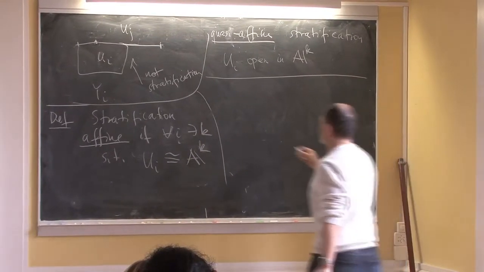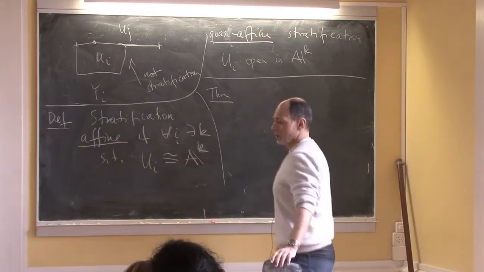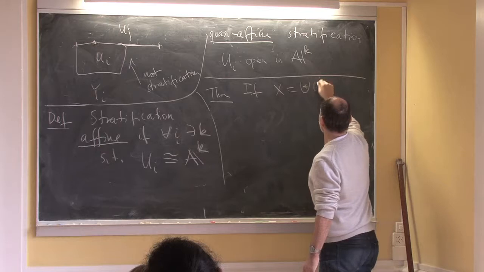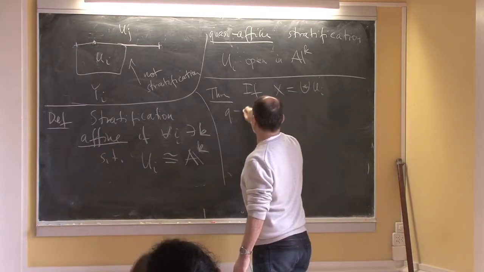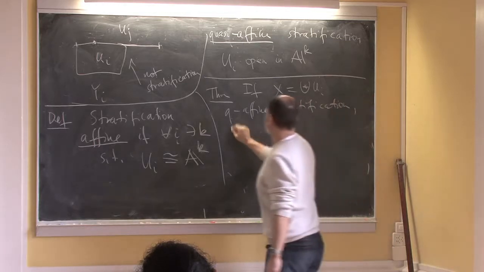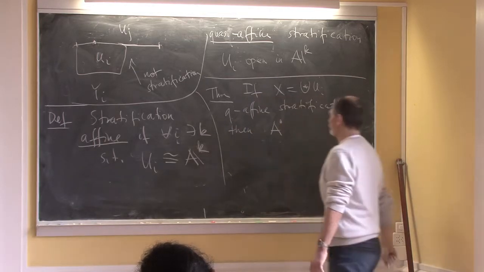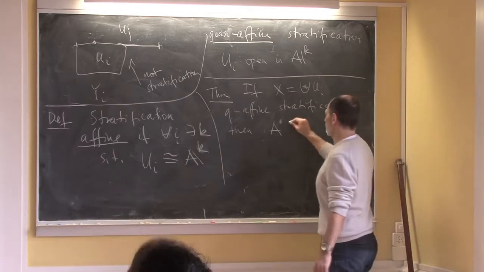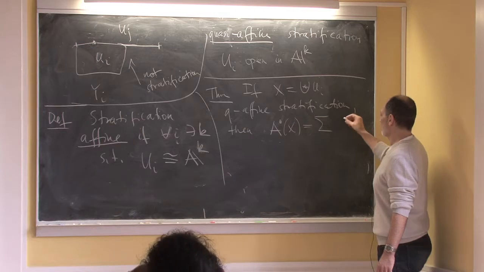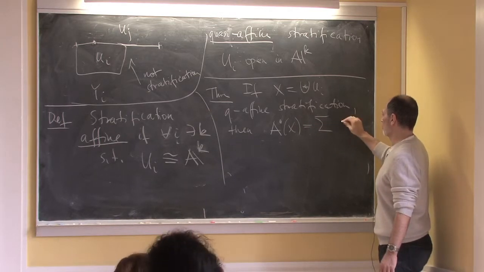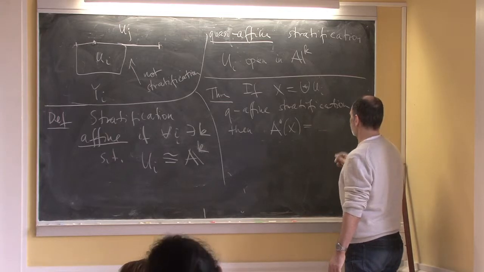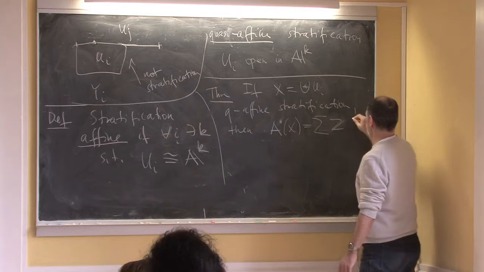All right. So then the theorem. If X equals the union of u_i is a quasi-affine stratification, then the Chow group of X is equal to the sum of the Chow groups of, sorry, just a second, the sum of Z times Y_i.